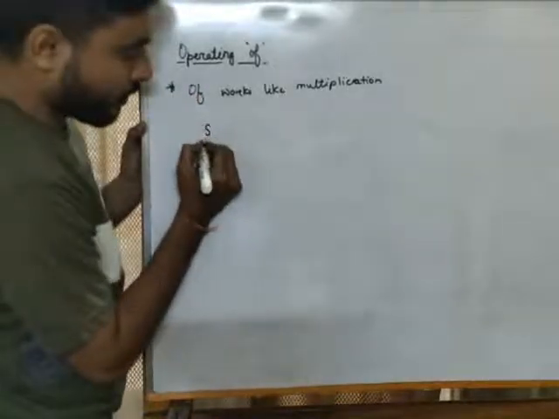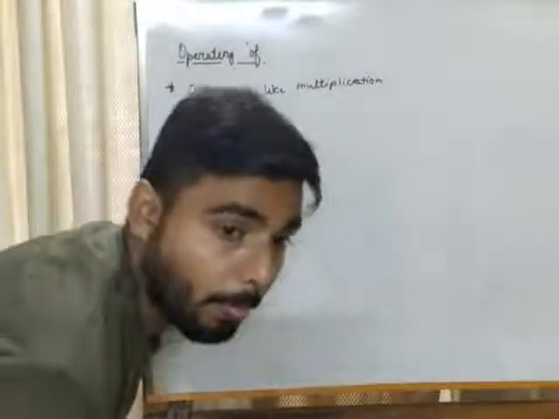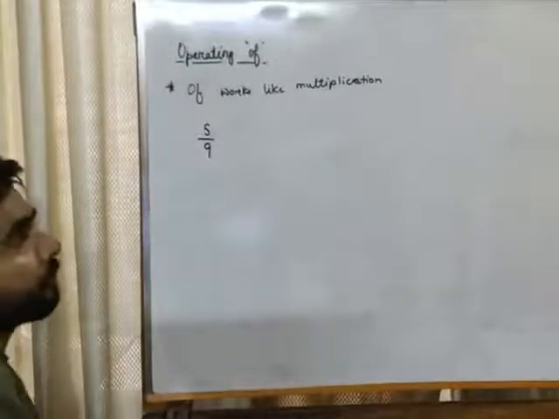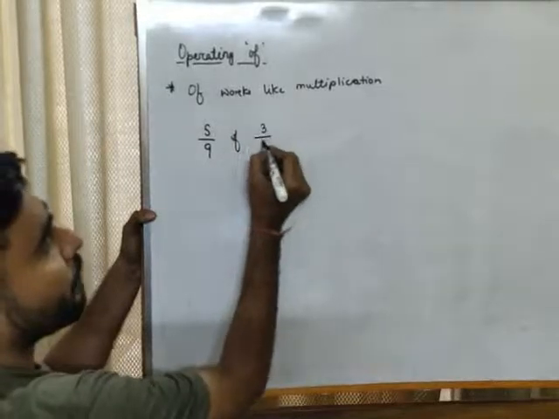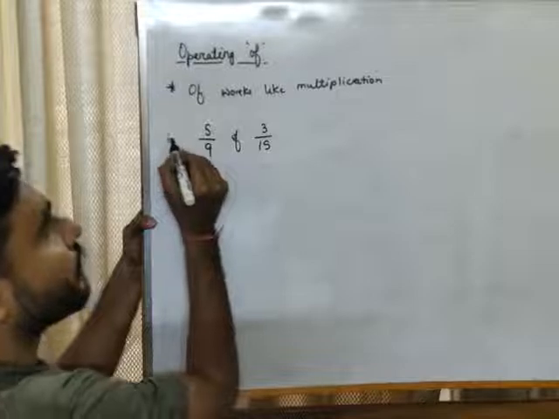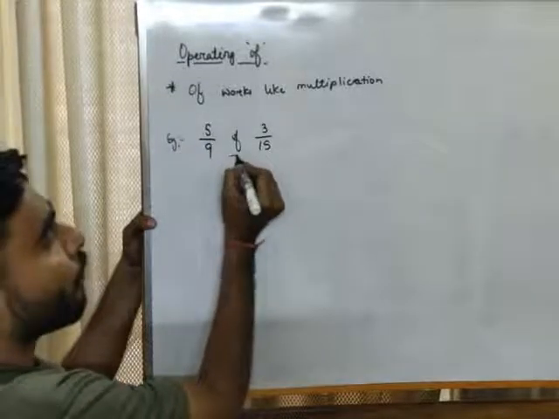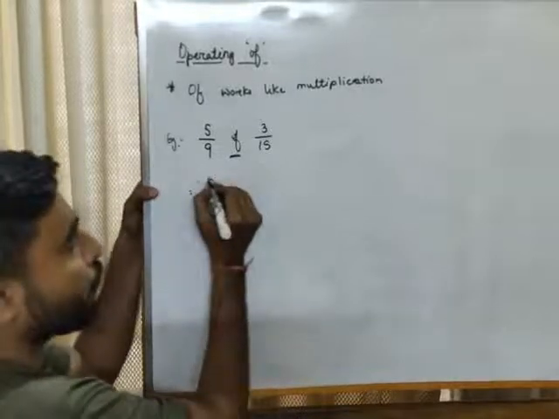So suppose 5 by 9 of 3 by 15. Here you can see there is the word of written between these two numbers. So you may be confused what to do.